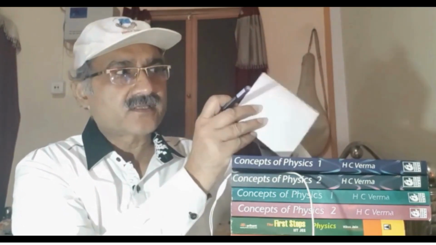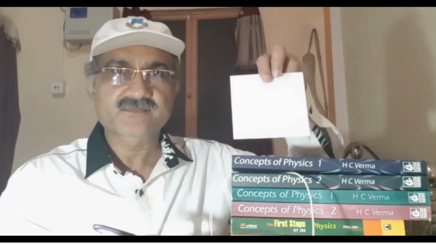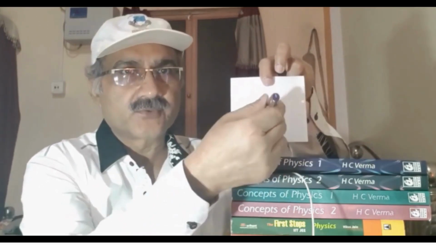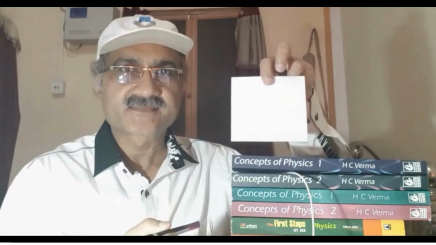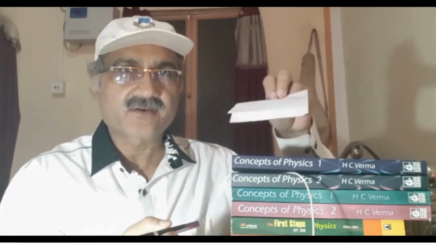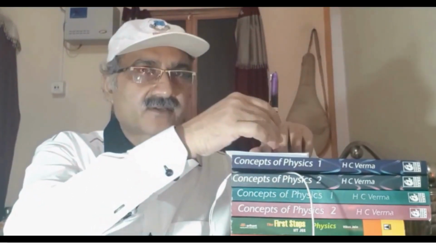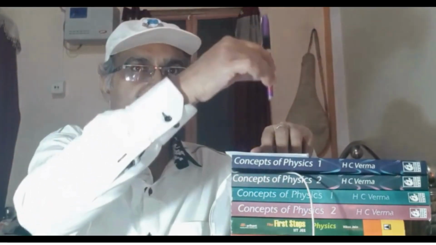If this area is like this, then the direction of this area vector will be towards you, normal to this, towards you. Okay, if the area is horizontal, this surface, then the direction of the area vector will be vertically upward. Clear?